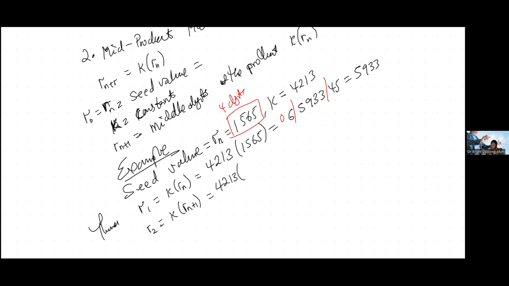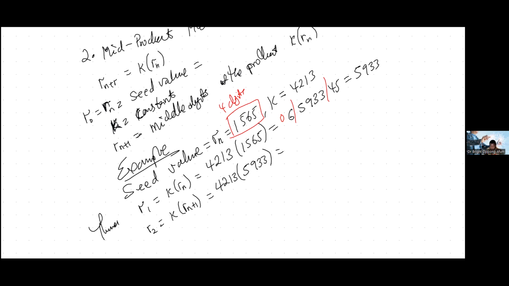The second, KRn plus 1, is: K is constant, so it's still 4213, but the Rn plus 1 will then be 5933, the one which was just computed. So this is going to give us 5933 by 4213.